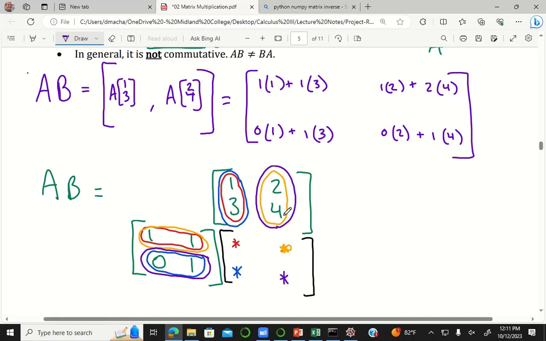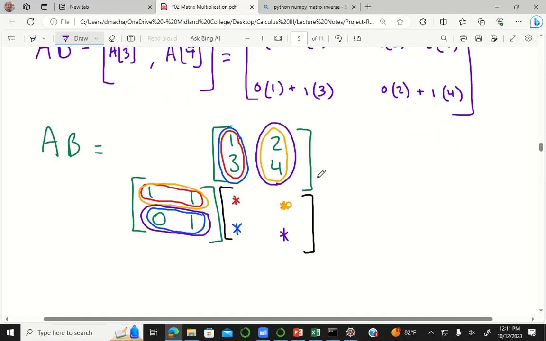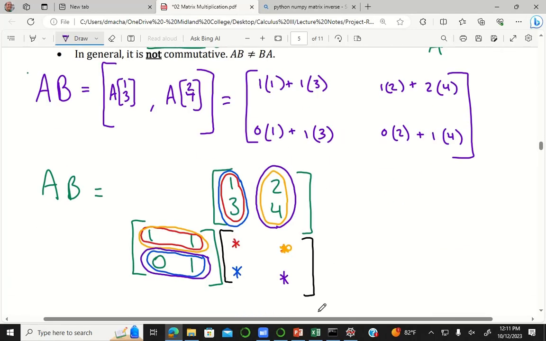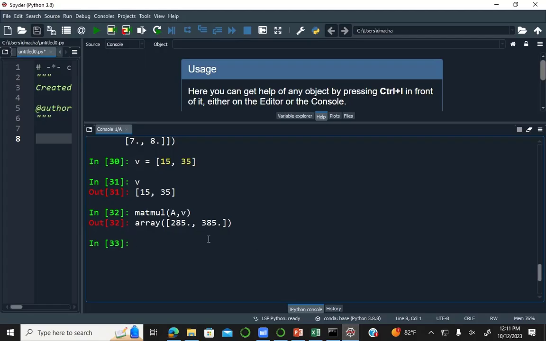Okay. So the great news is that we don't actually have to do this by hand. I want you to know how it works because theoretical understanding is important. But let's say that the matrix A is the matrix 1, 1, 1, 0.